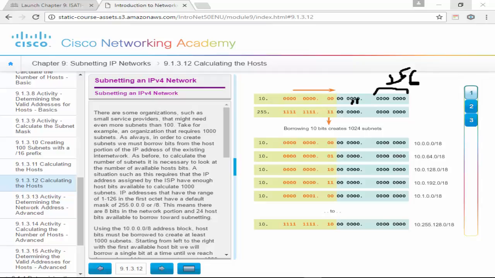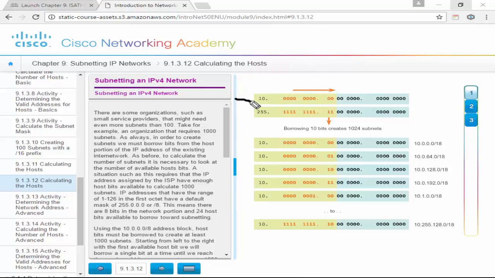But I said 1,000, so we need 10 host bits. That's how we would get 1,000. So basically all of this is just calculating binary math.